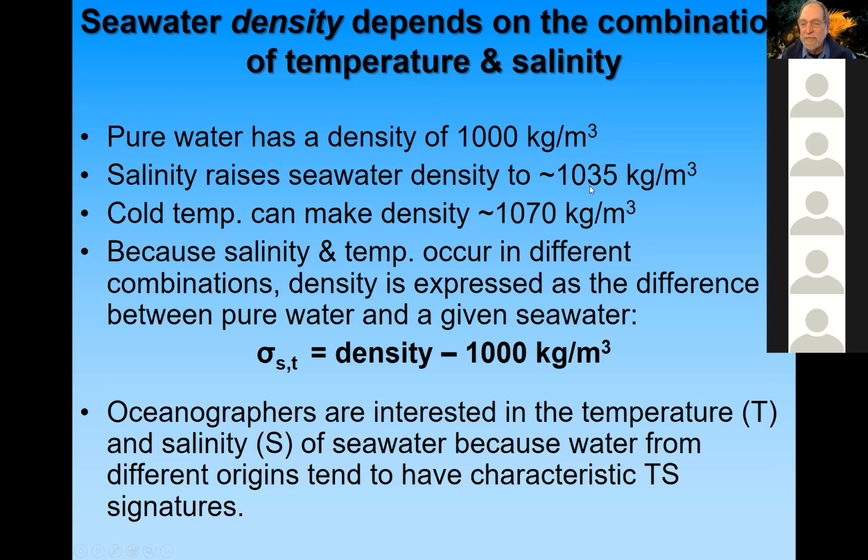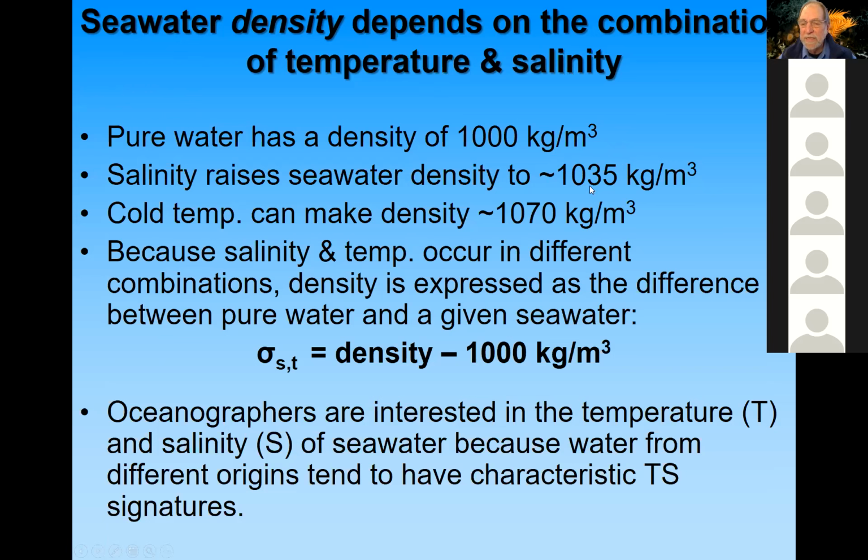Seawater has a density that's increased by about 35 kilograms per cubic meter. Cold temperature can make the density as high as 1,070 kilograms per cubic meter. Okay? And so salinity and temperature, as we've seen in our little graph here, can occur in different combinations.